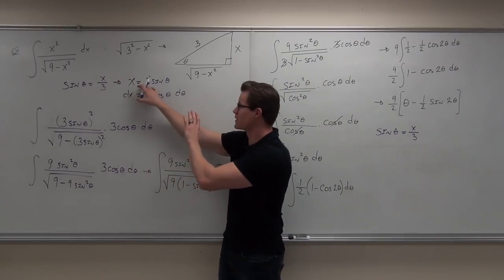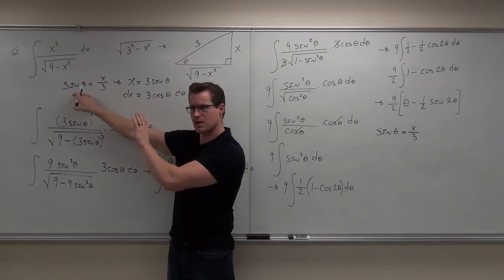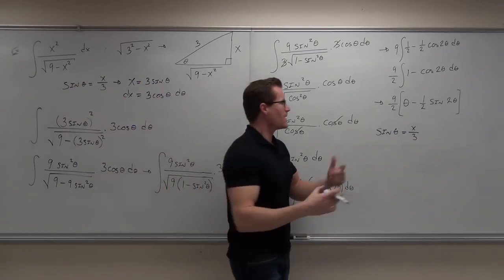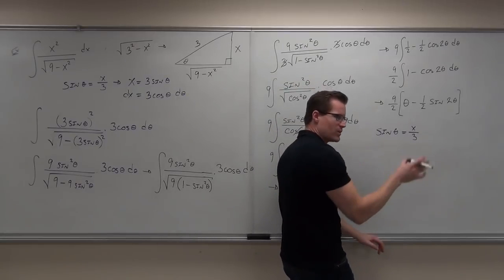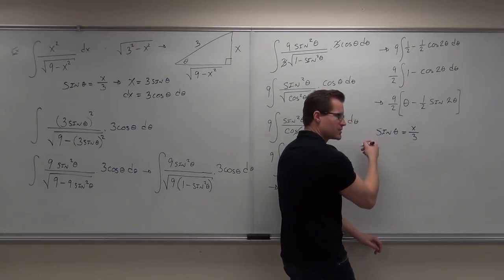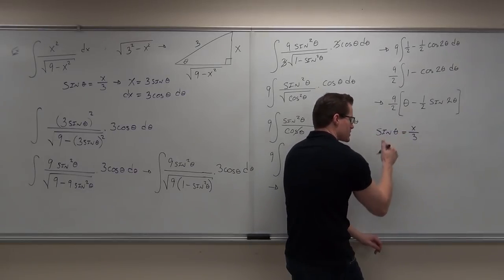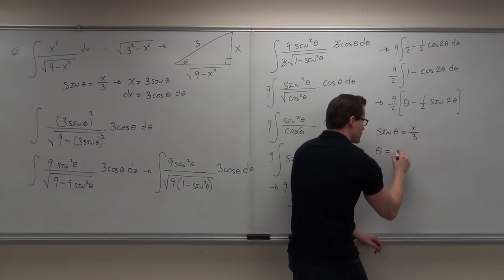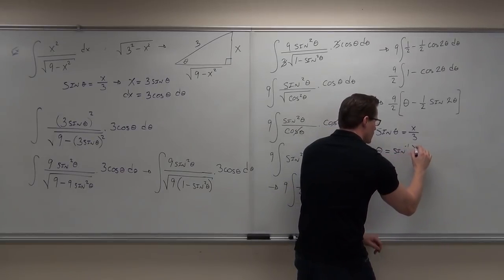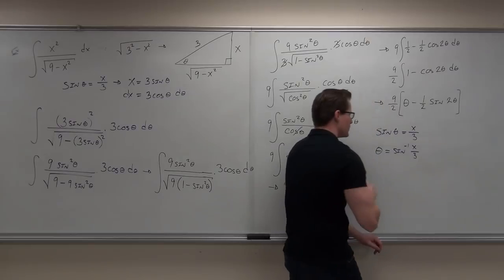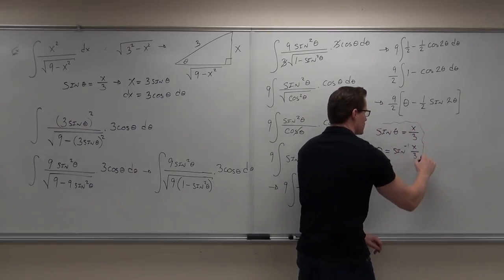We don't go directly to this one, because oftentimes we'll have to use this. Sine theta equals x over 3. If that's the case, the only way we can solve this is to take the inverse of sine on both sides. Sine theta equals x over 3 if and only if theta equals sine inverse x over 3. That's one little piece.